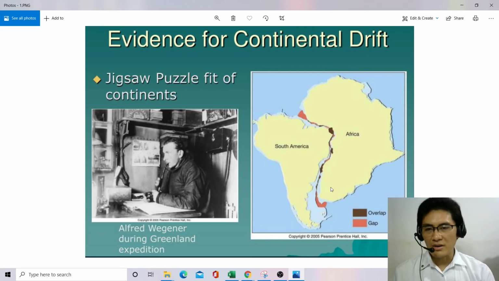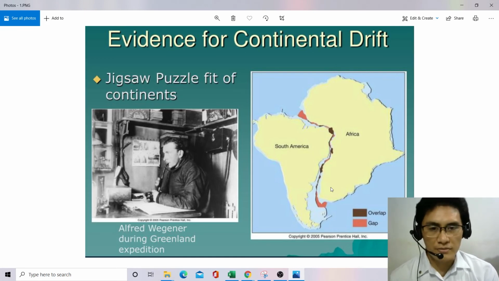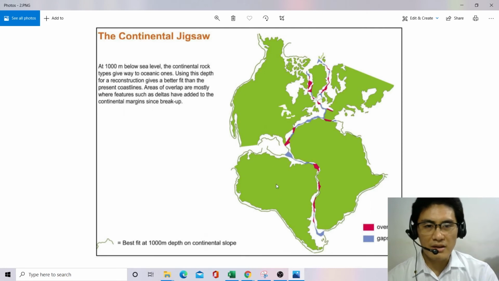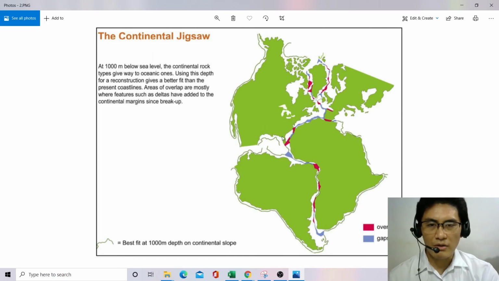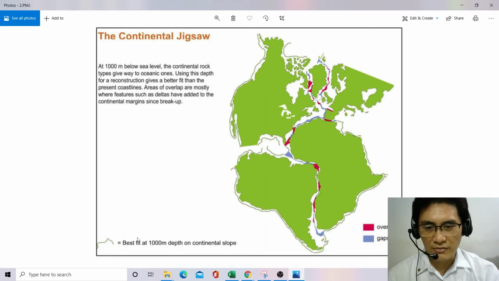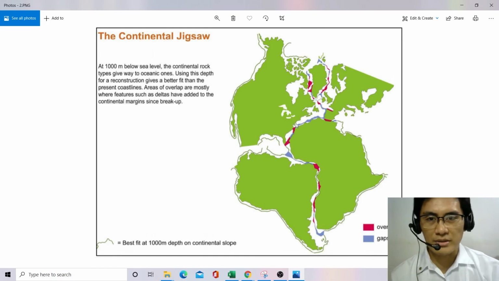However, he was credited because he was the one who proposed a theory for it, so you could say he formalized that observation. Moreover, if you go beyond Africa and South America, you can even fit all the continents together, although you have to set the depth at different settings, but you can fit them together if you want.